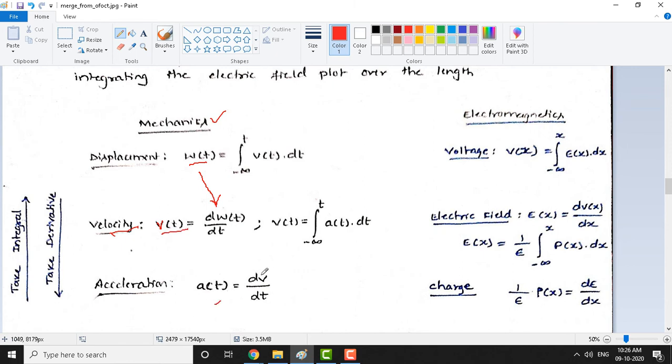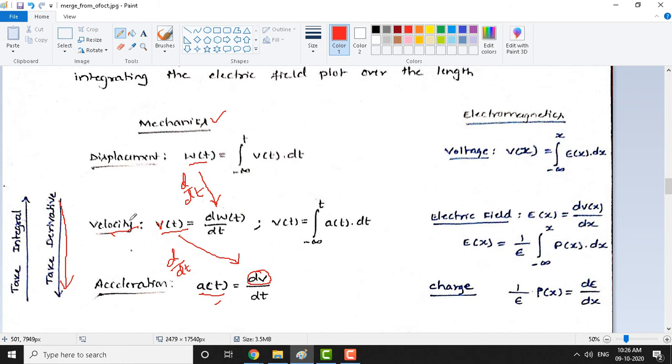If you know the velocity, v of t, you can obtain the acceleration by again taking the differentiation. So d by dt of displacement gives velocity, and d by dt of velocity gives acceleration. Moving from top to bottom, you go from displacement to velocity, and velocity to acceleration.